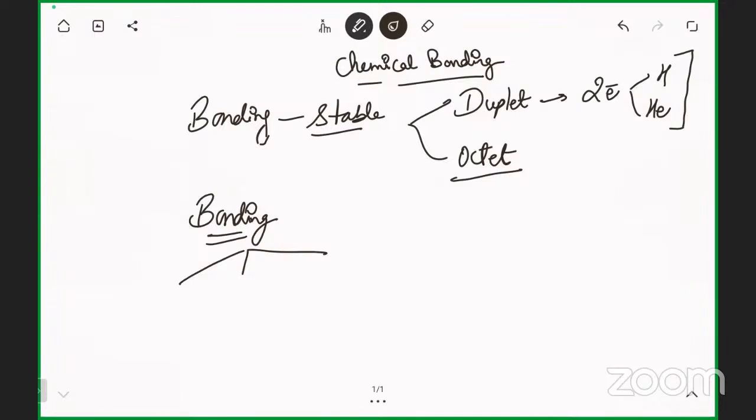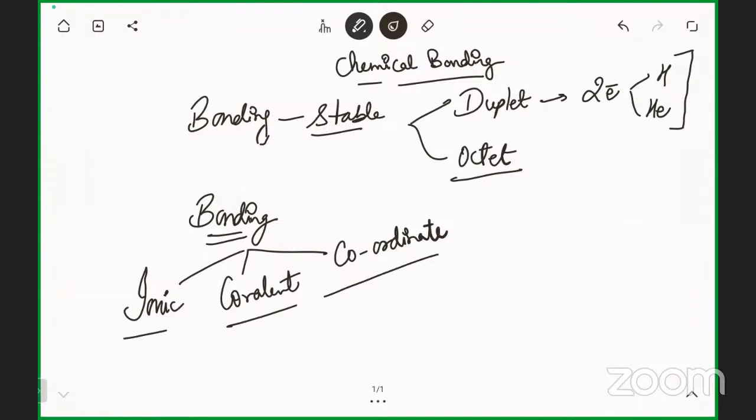Okay, ionic bond and covalent bond. So we'll introduce a third type, the coordinate bond, right now. Today I'm not going to go that deep into bonding. First, I'll explain the basics of ionic bond, covalent bond and coordinate bond.